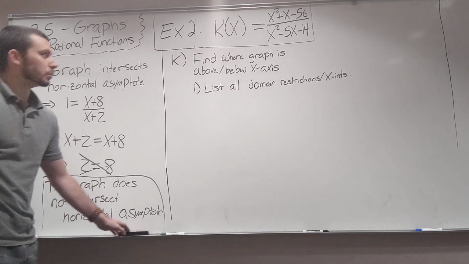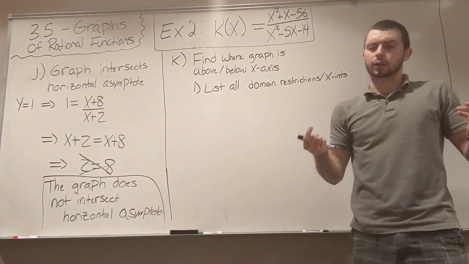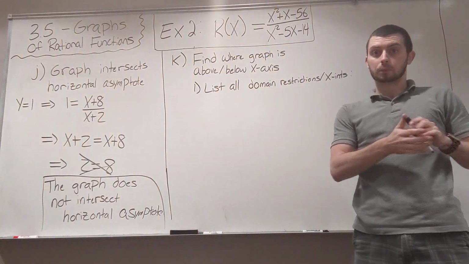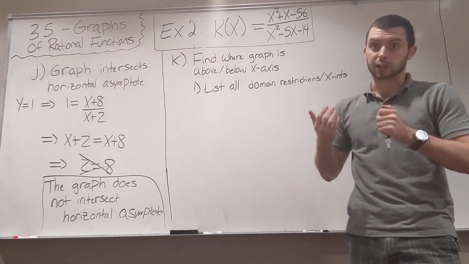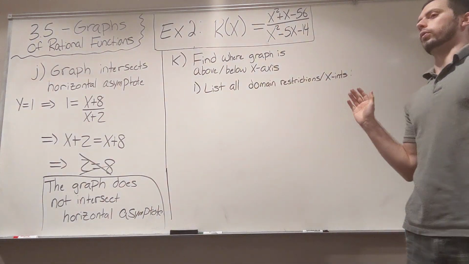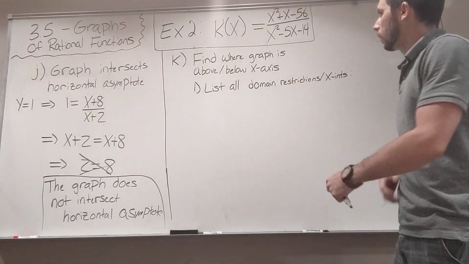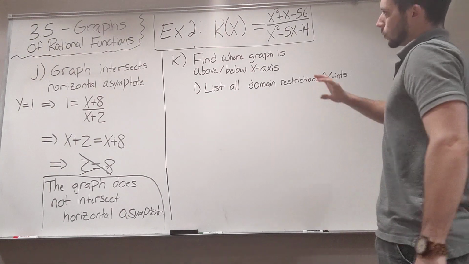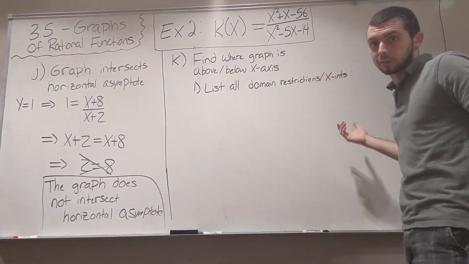And so we'll go ahead and move on to part K over here, which, as I mentioned in the previous problem, is a very important sequence of steps. It also shows up in the next section, which means there's probably going to be a few of these on the upcoming test. We're trying to figure out where the graph is above and below the x-axis.